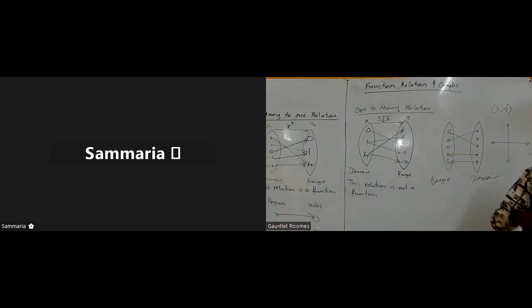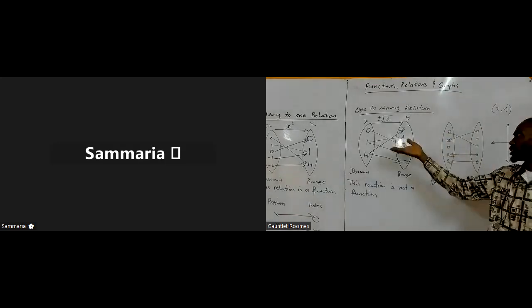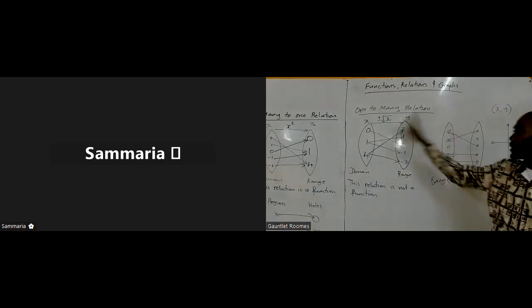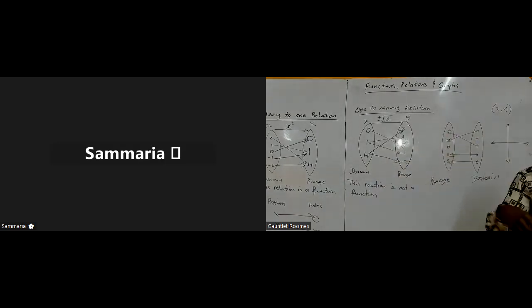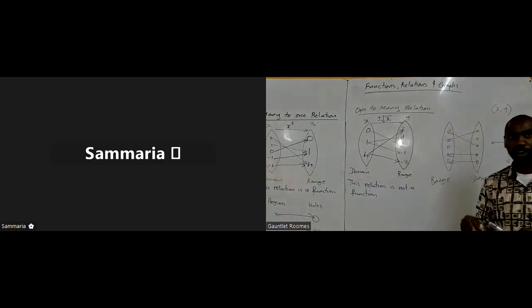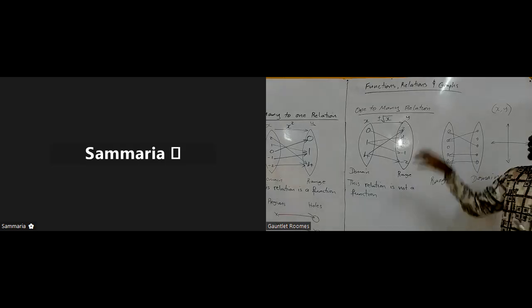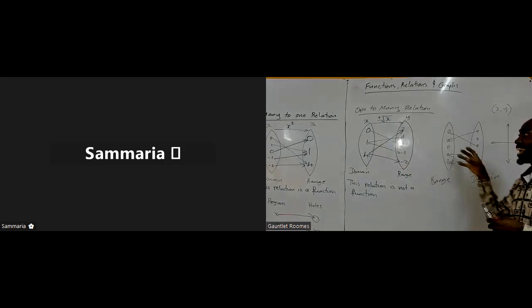But when it comes to just writing a relation diagram on a plane, because this is called a plane of that surface, if the order does not matter, your domain can be on any side.